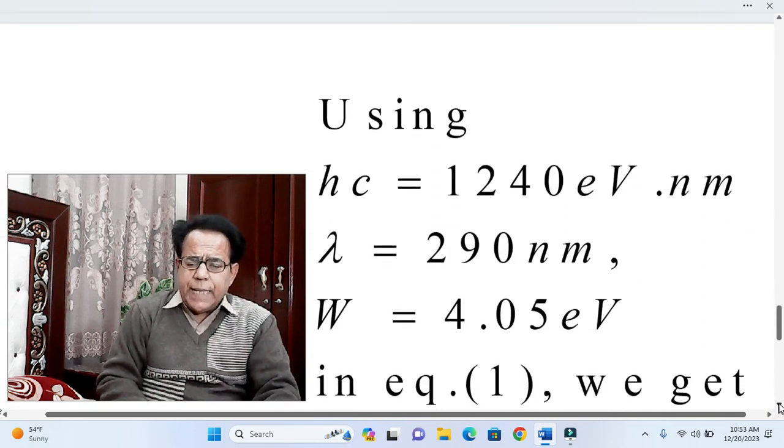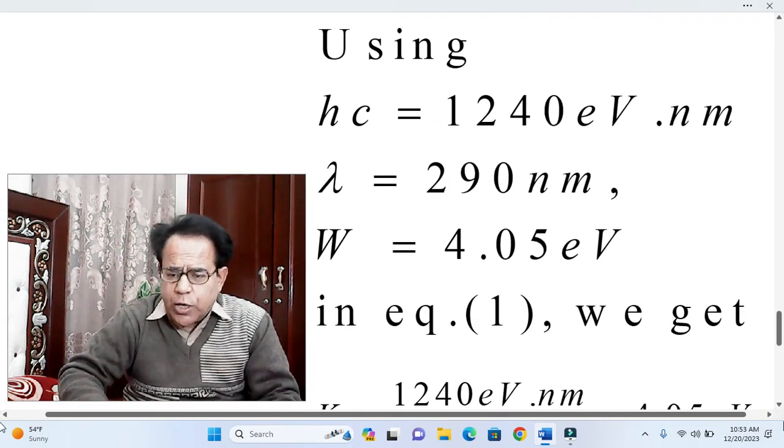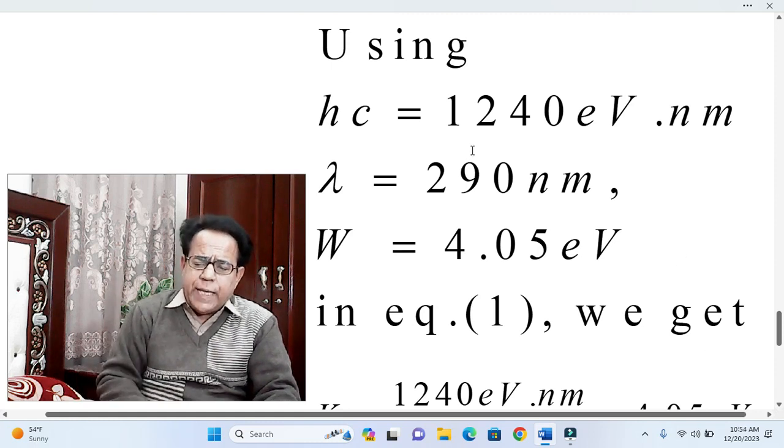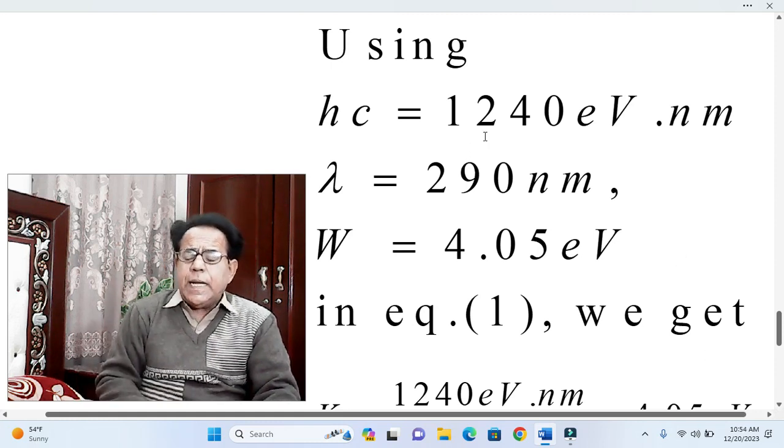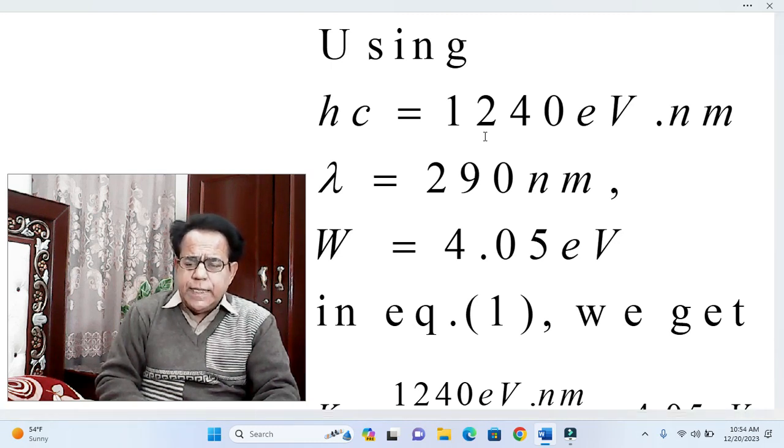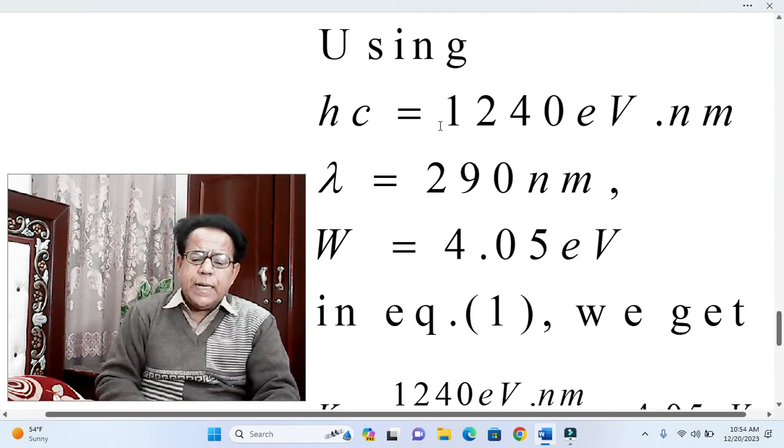Using hc equal to 1240 electron volt nanometer. Dear students, this value is given in the table which was shown as the first snapshot in this video. I had told that the value of h separately is given, the value of c separately is given, and the combined value of hc is also given. So we are utilizing the combined value. Then wavelength lambda is equal to 290 nanometer, nano standing for 10 to the power minus 9.